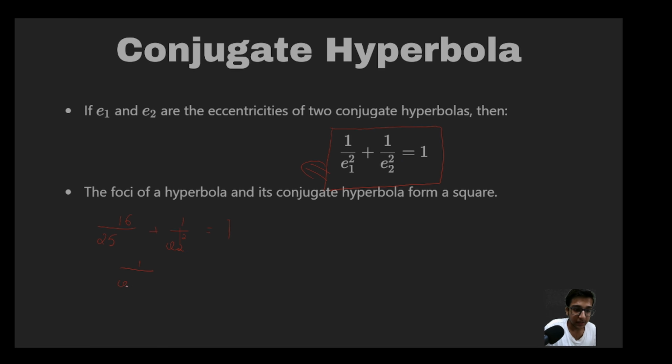So 1 by e2 square can be written as 1 minus 16 by 25, which makes it 9 by 25. And how do I write e2 square? This can be written as 25 by 9. So e2 becomes 5 by 3.